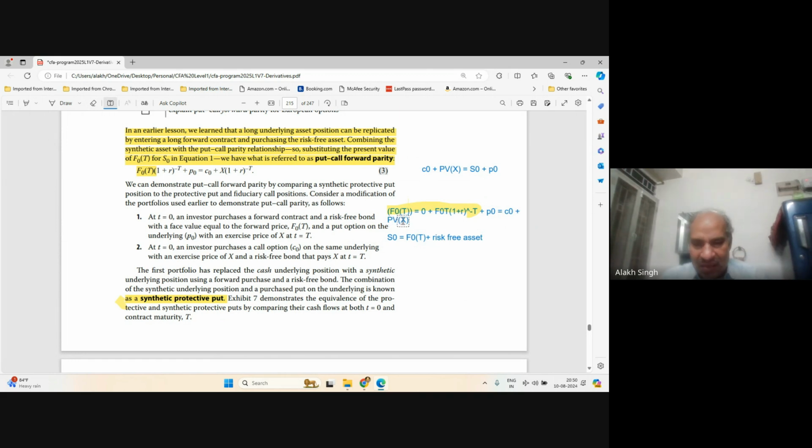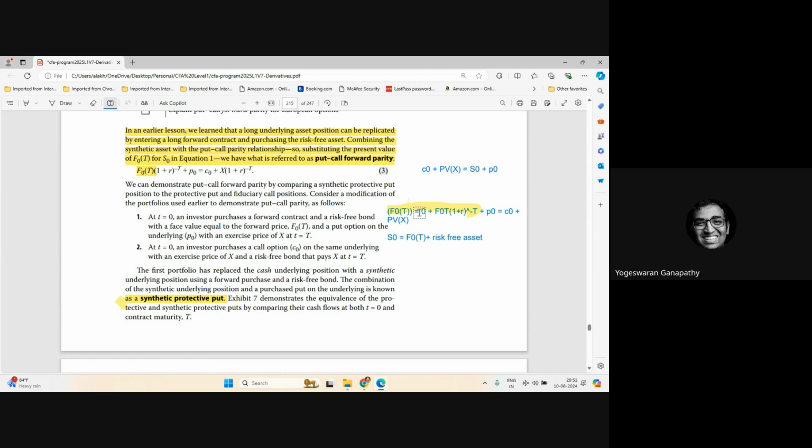Though today, yes, P0 should be C0. But then you are not sure that F0T will be X, because on expiry, ST can be different from F0T. Yes, sir, but the ST minus X and X minus ST depend on the gain or loss, but F0T has to be X, right?